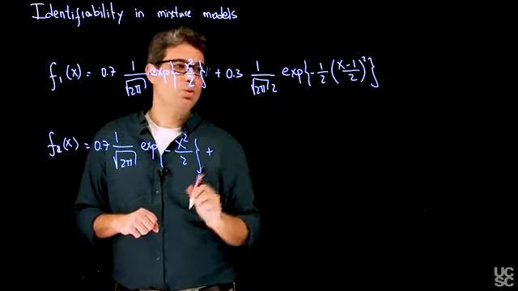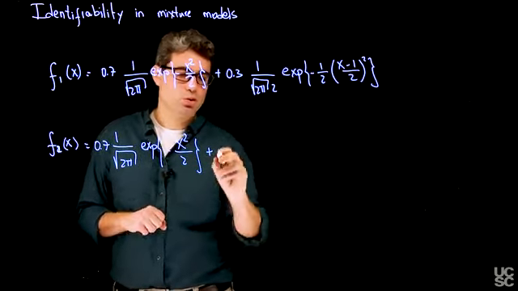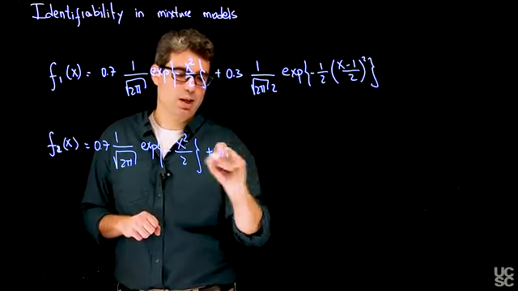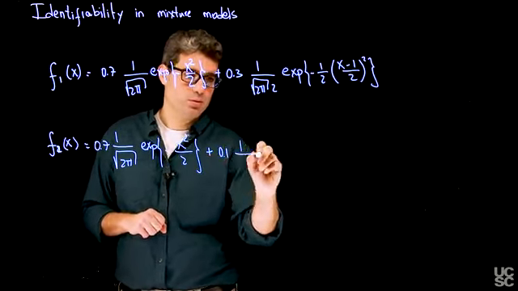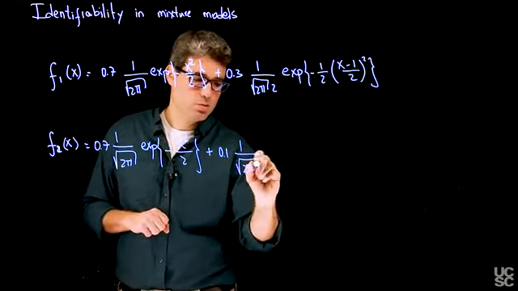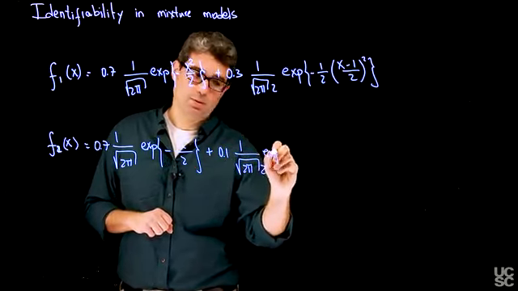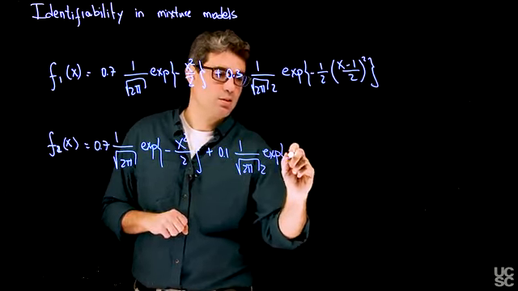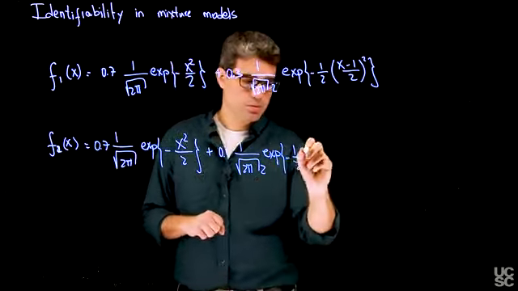But what I'm going to do is split this component into two pieces, say one that has weight 0.1 and the same mean and standard deviation.